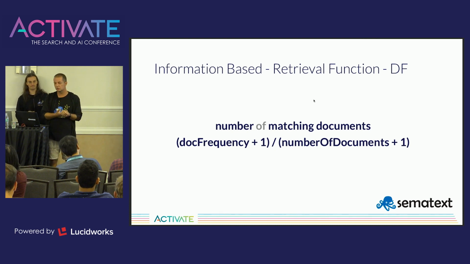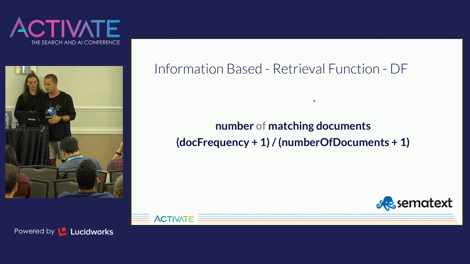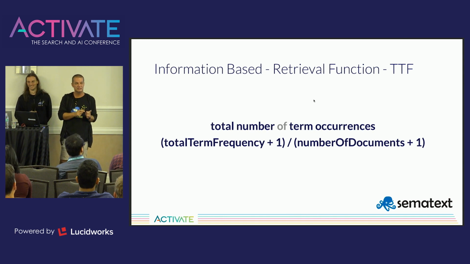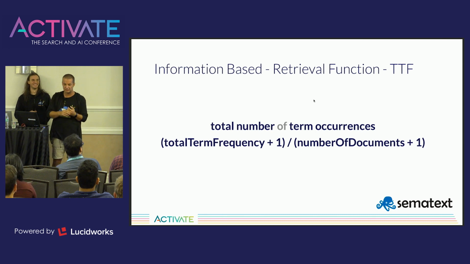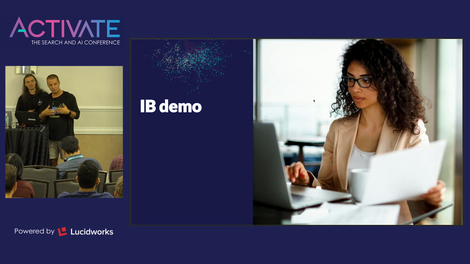Basically, it takes the document frequency and divides it by the number of documents inside our shard or collection. It's basically the number of documents matching, right? And the second is about total term frequency. It takes the total term frequency, not the term frequency itself, but the total appearing inside the shard, and divides it by the number of documents. Enough theory, a simple demo that will show us exactly the opposite of what we did with DFR.